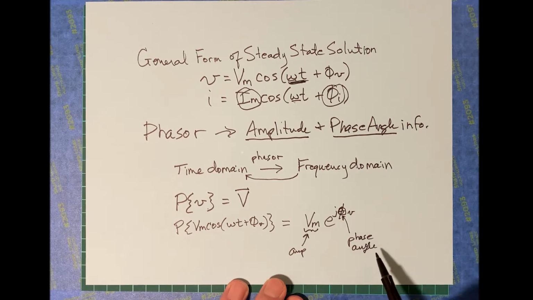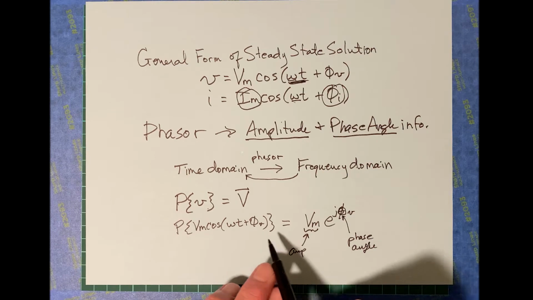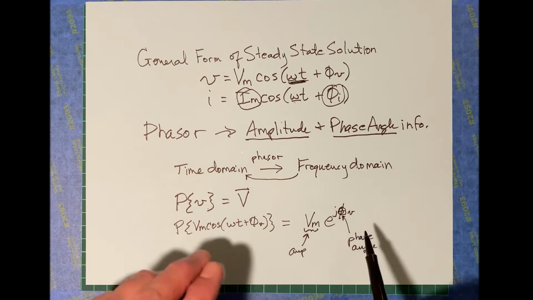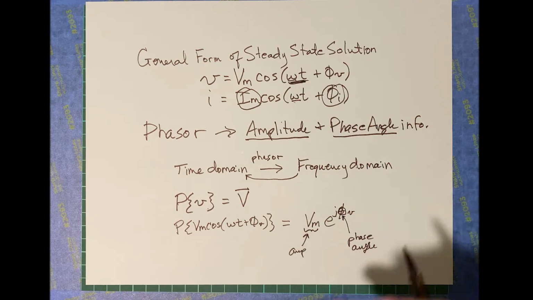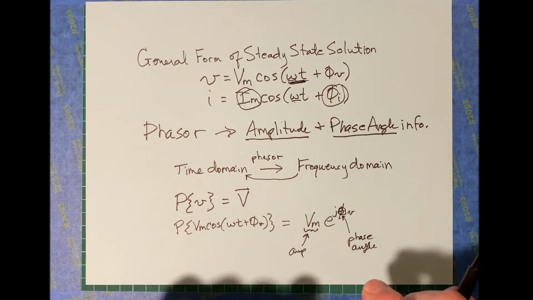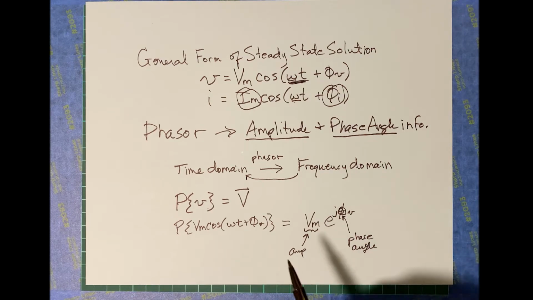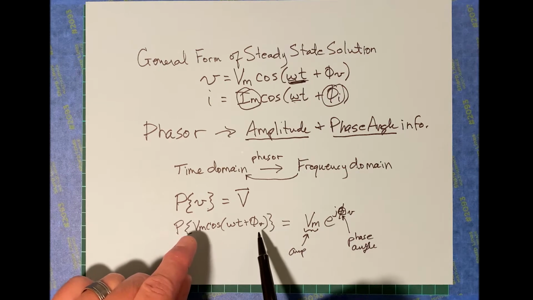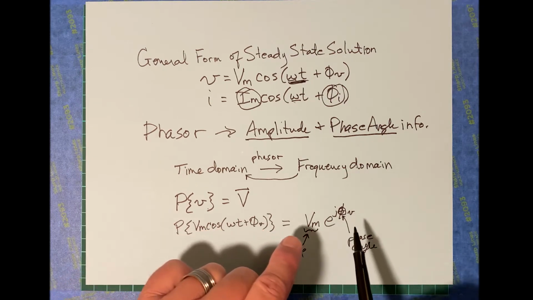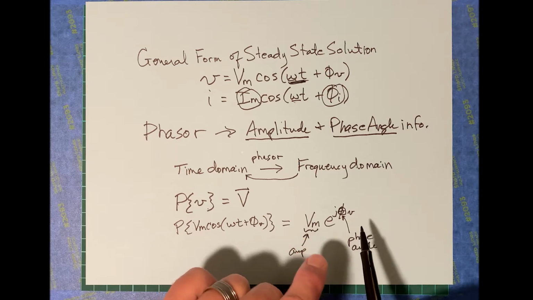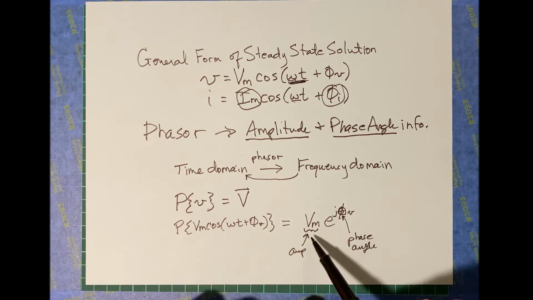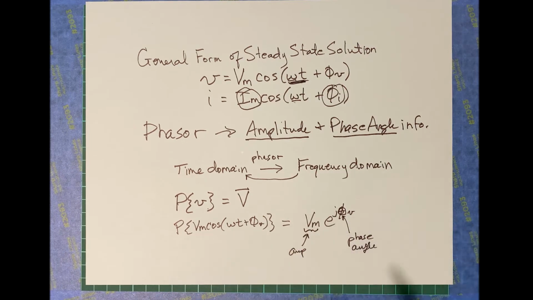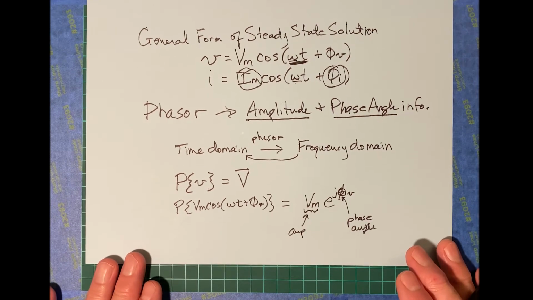Okay? So what we've done here, I don't want you to overcomplicate this because this is really, really simple. What we've done here is we've taken this time domain function and we've transported it into the frequency domain, but when we did that, the amplitude and the phase angle is really all we need. That's all we're interested in. So let me show you an easy way to do this.